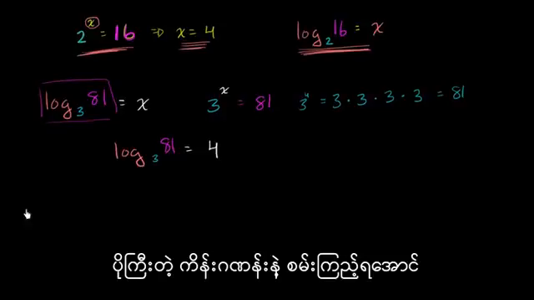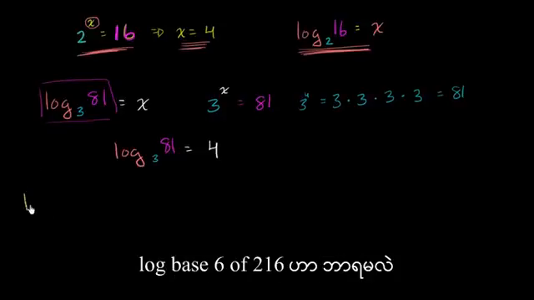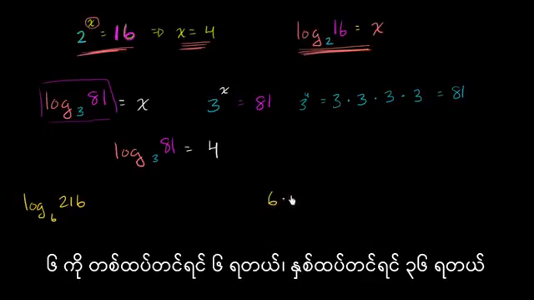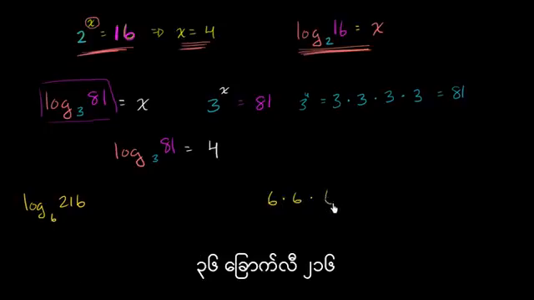So let's try a little larger number. Let's say we want to take log base 6 of 216. What will this evaluate to? Well, we're asking ourselves, what power do we have to raise 6 to get to 216? 6 to the 1st power is 6. 6 to the 2nd power is 36. 36 times 6 is 216.